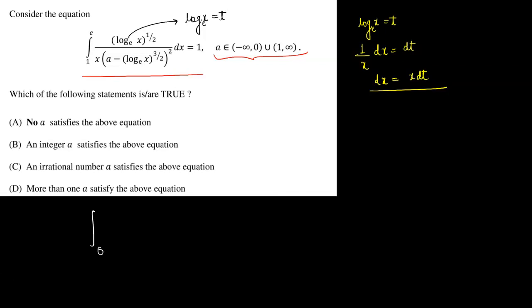Limits will be from 0 to 1, and if we replace log x by t, we will have here x times (a minus t to the power 3 by 2) whole square. dx will be x dt, so the x in the denominator will be cancelled. I am taking here the LHS part.